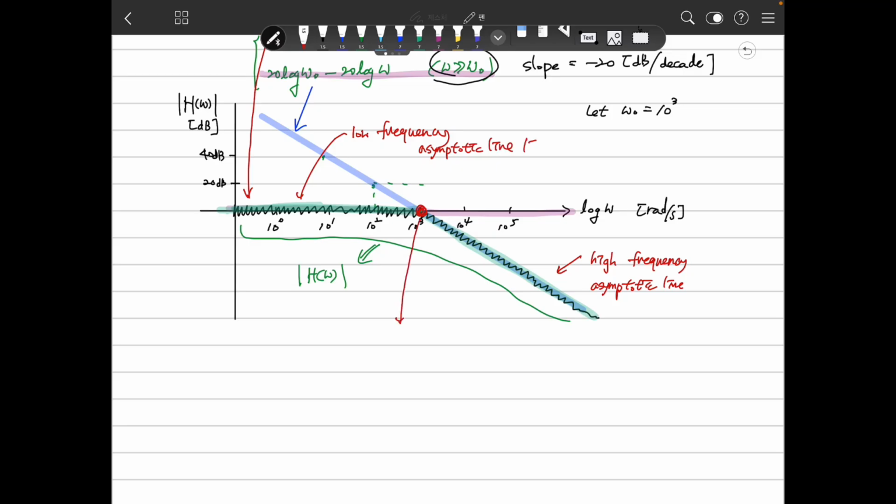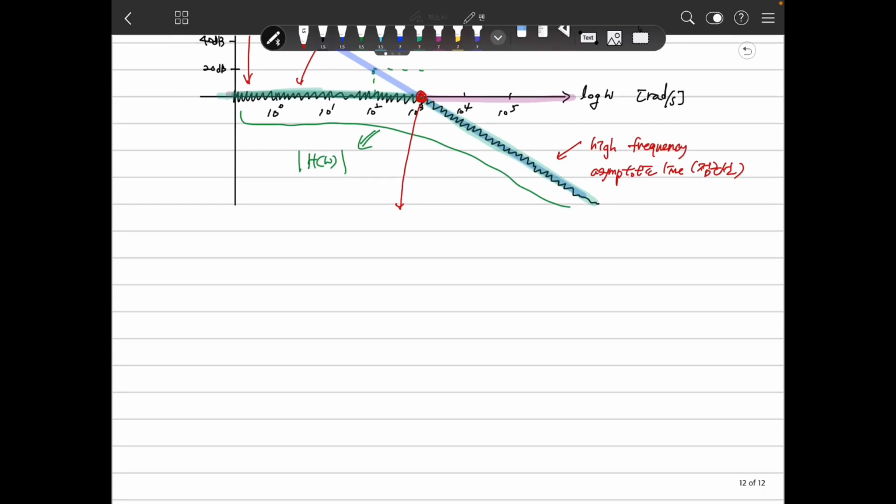In Korean this is called 점근선, asymptote. And that is 0, which is 20 log 10 omega 0 minus 20 log omega. That will be where omega is omega 0. We call this the corner frequency.